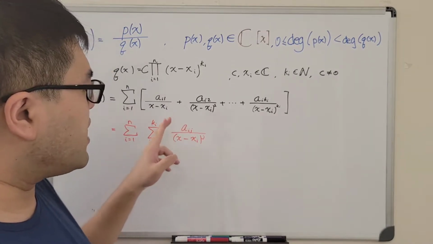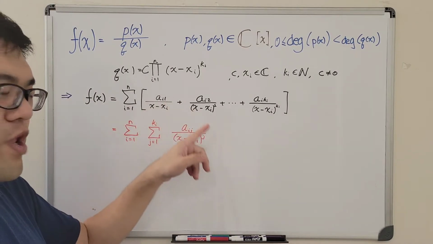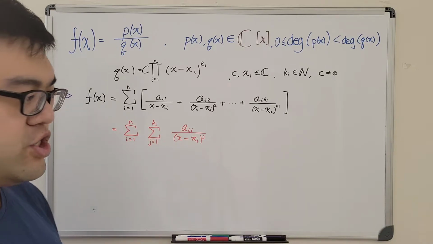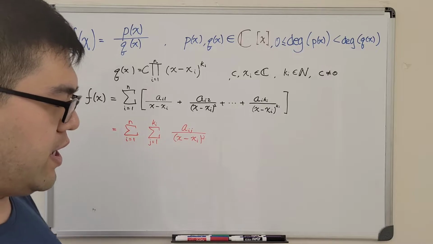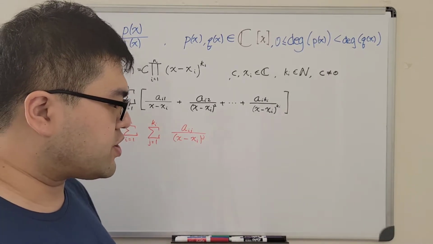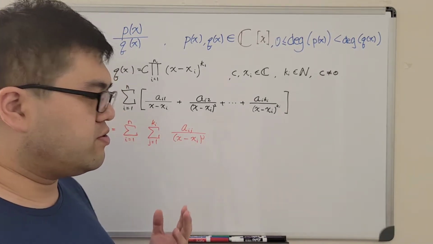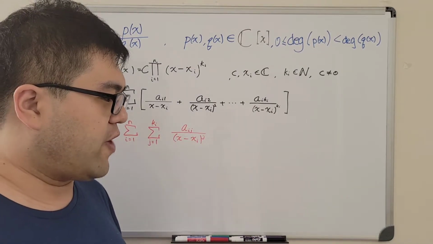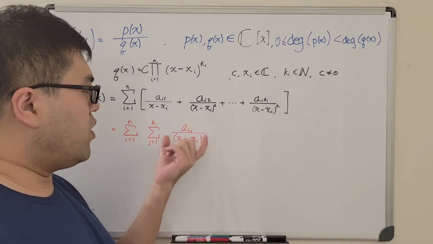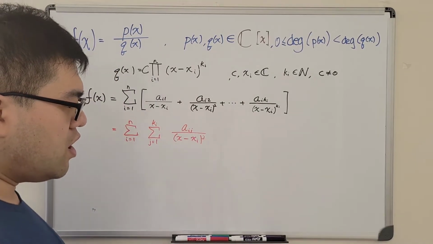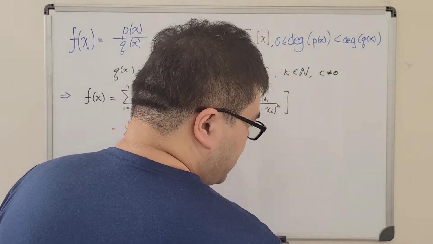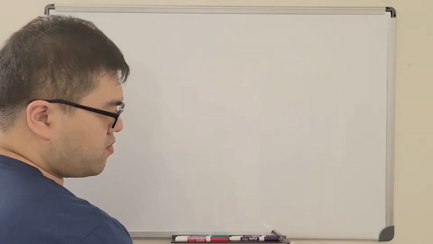Let's see how we can actually find the a up here. Again, the a here is just the coefficient of each of the fractions. And we'll see how we can use the residue to find out what we should put in the coefficients.